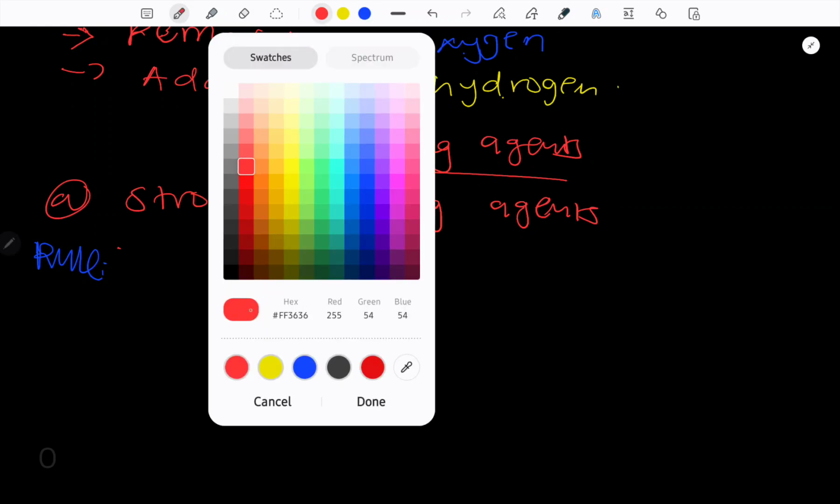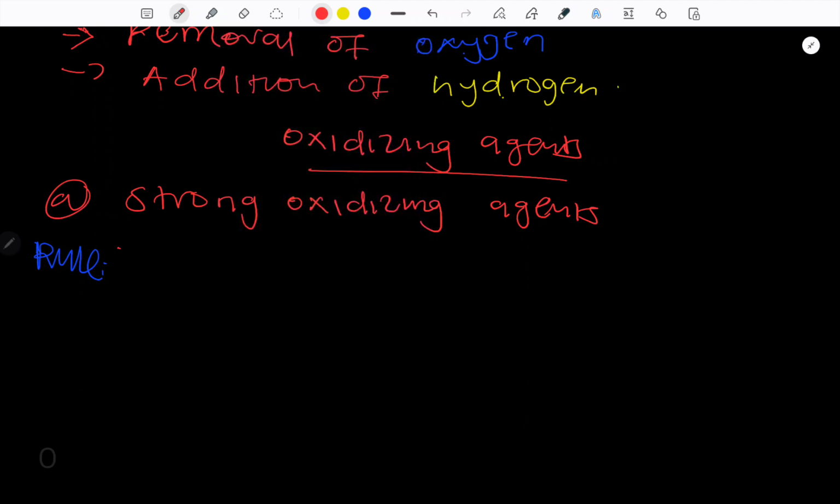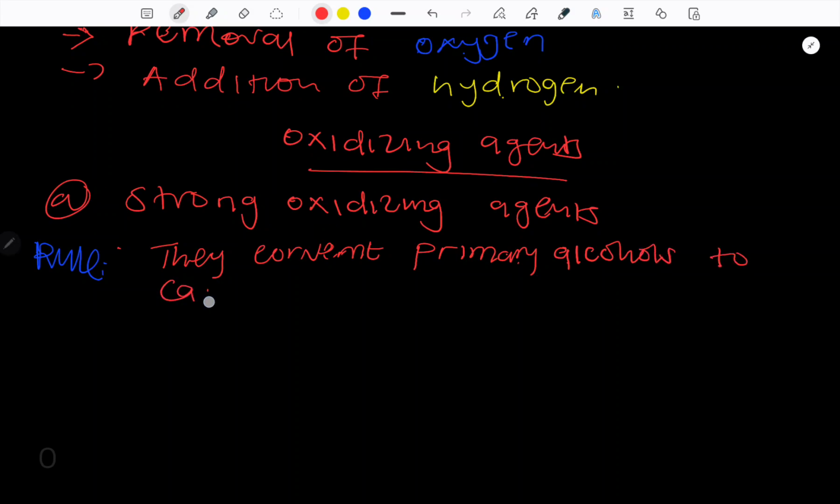So the rule number one that you need to understand is that strong oxidizing agents convert primary alcohols to carboxylic acids.